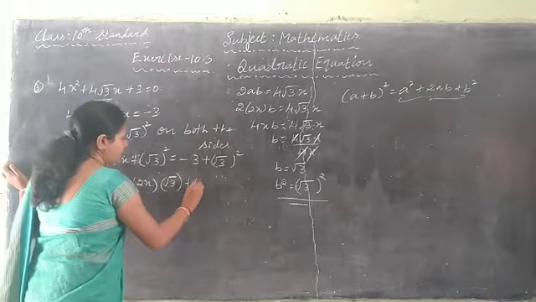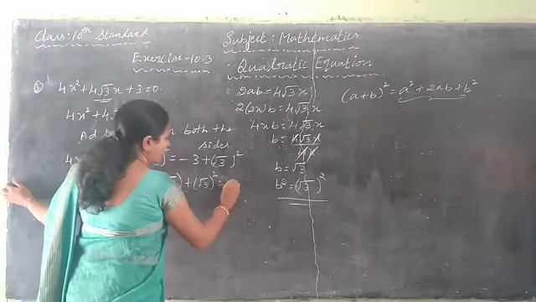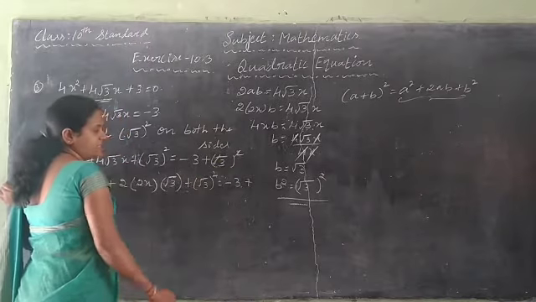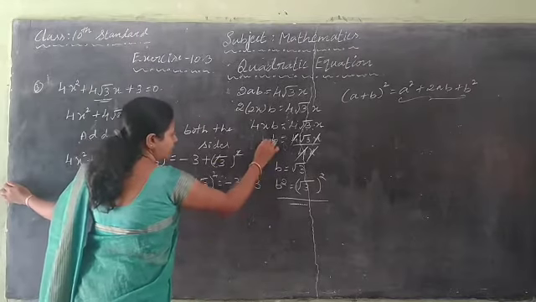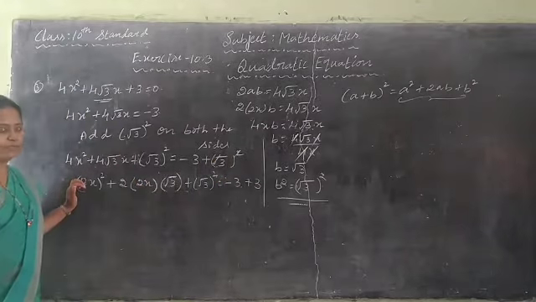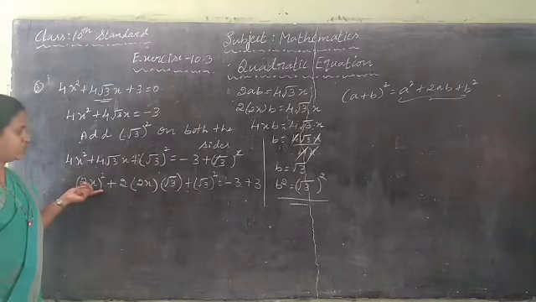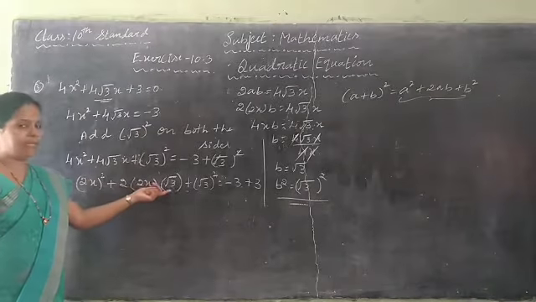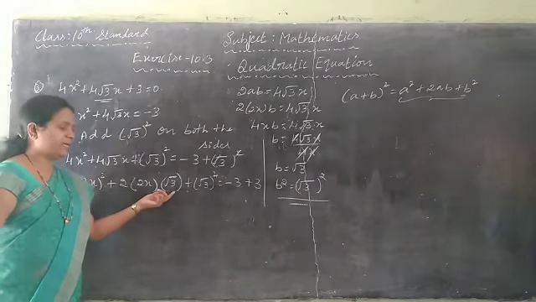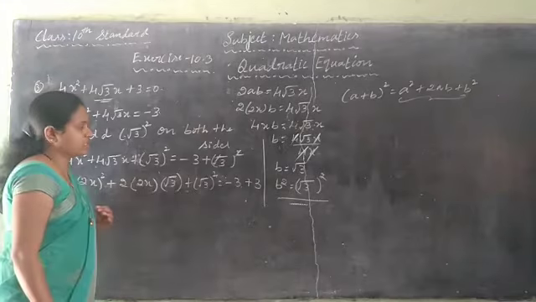Then plus root 3 whole square equals minus 3 plus 3. Here, children, the root cancels. Remaining is 3. Understood? So 4x square is there, then we can write a square as 2x whole square, then 2ab, 2 into the value of a, which is 2x, b is root 3, plus b square is root 3 whole square.